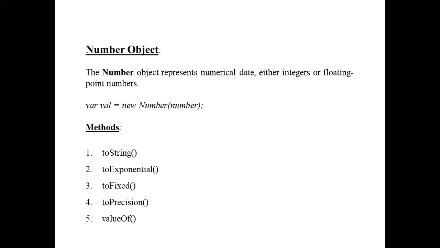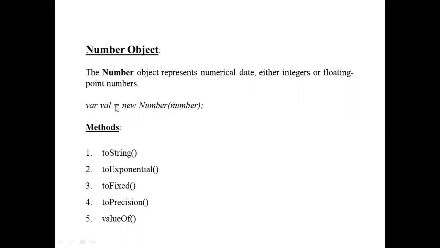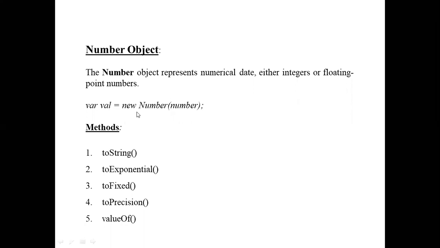Next one, the number object. The number object represents numerical values, integers or any floating point numbers. The number object is created using the new operator, that is var val equal to new Number. Here val is the number object created using the new operator.